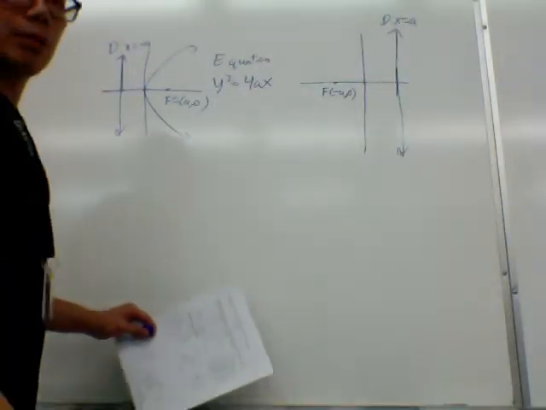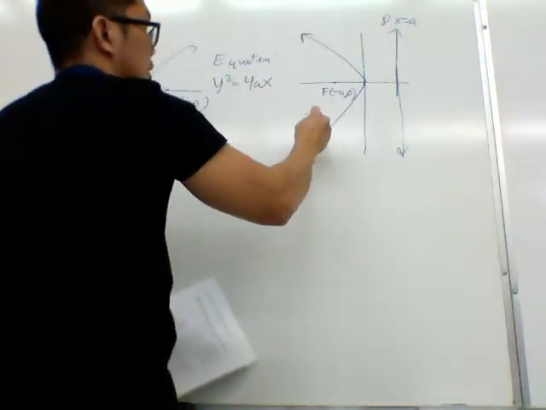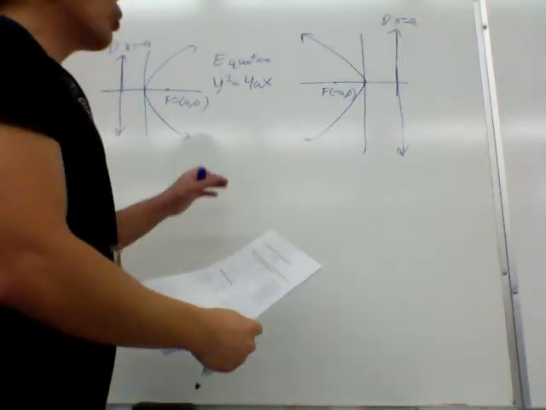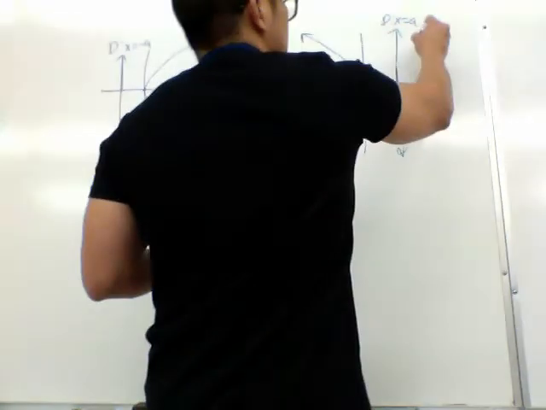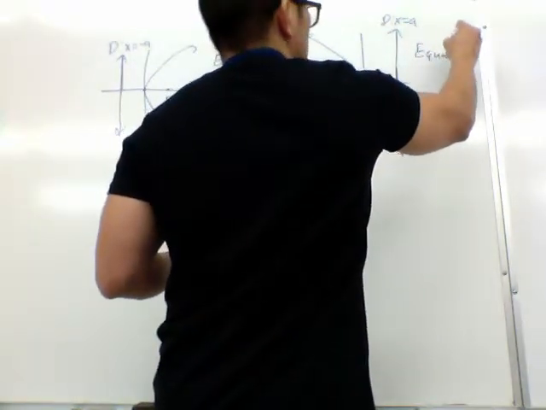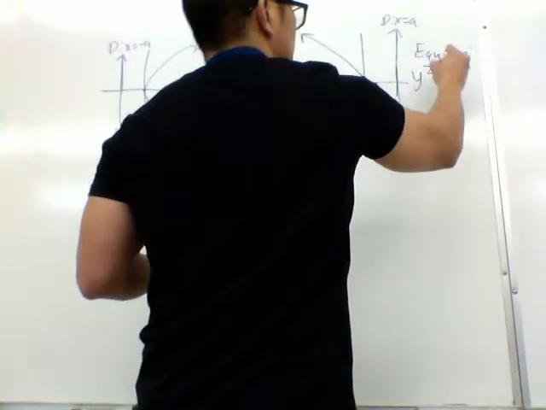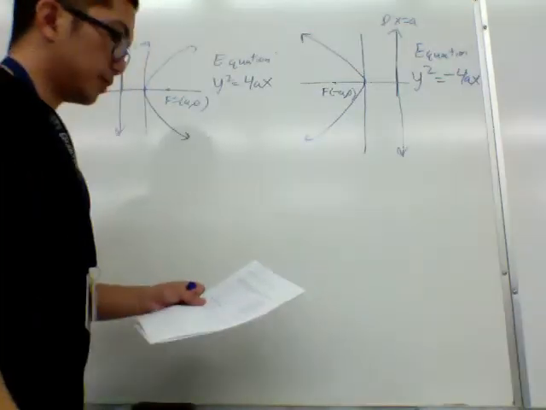And so my parabola is going to open up to the left. And this time, the equation actually has the same form, except since it's the opposite direction, we will include a negative. So the equation here is y squared is equal to -4ax.